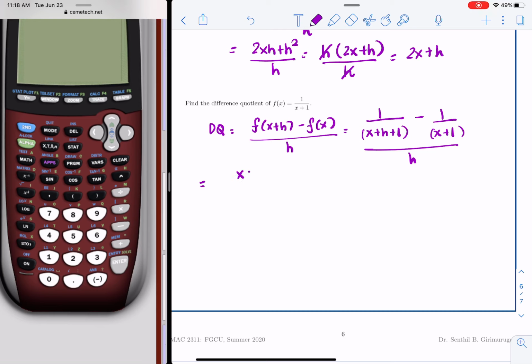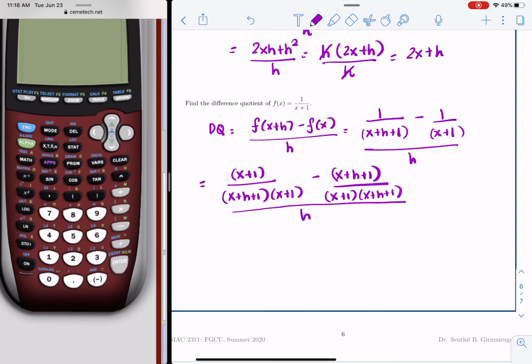So I'm going to multiply and divide by x plus 1. And over here, I'm going to multiply and divide by x plus h plus 1. And divide that by h. So now I have a common denominator.